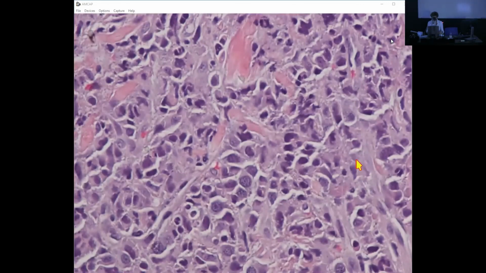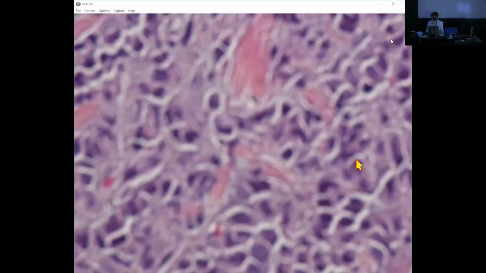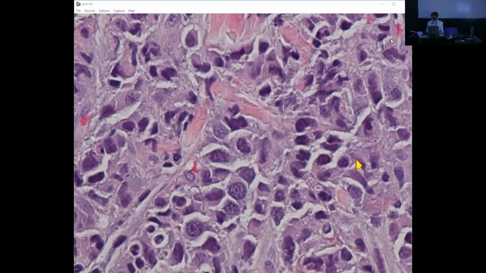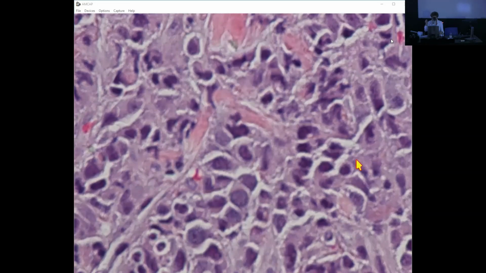And if you look, the nuclei look a little bit clock face, as we say. You know, there is a central nucleus and then the chromatin at the periphery with a distribution like the clock face of a cell.